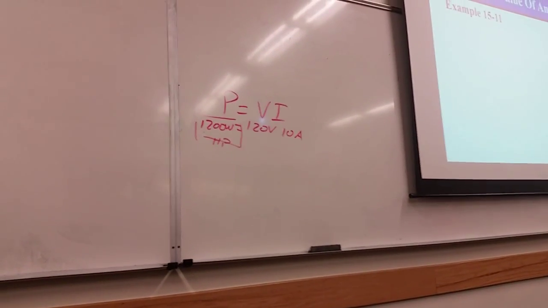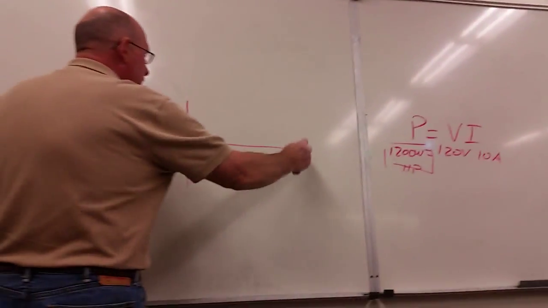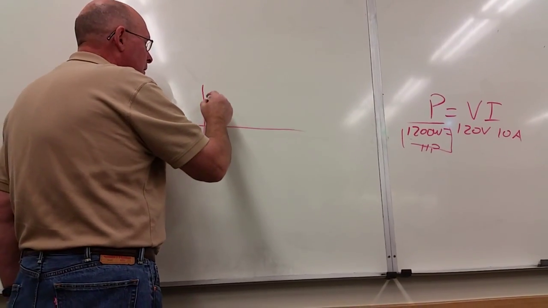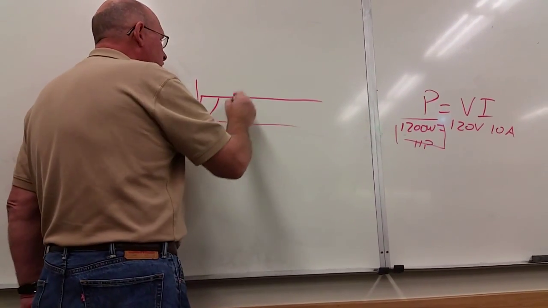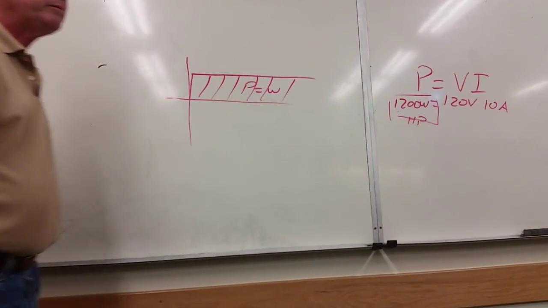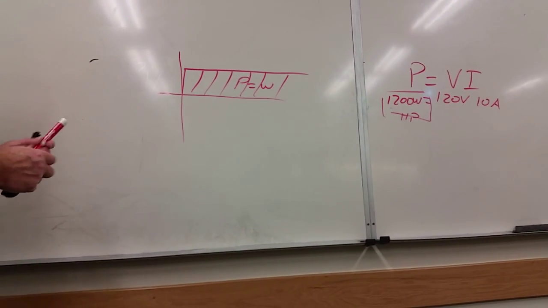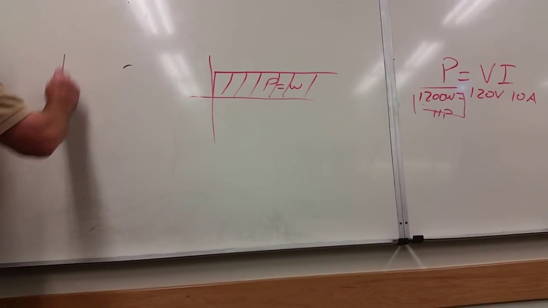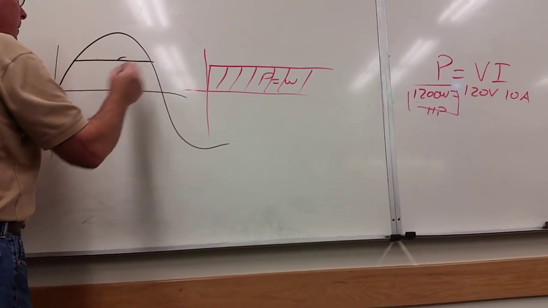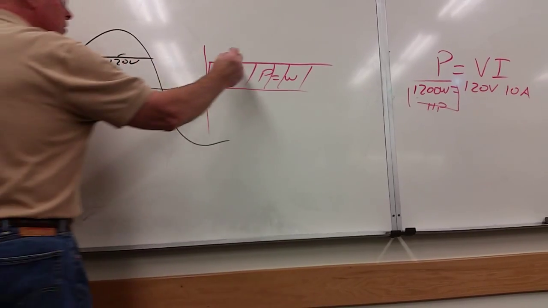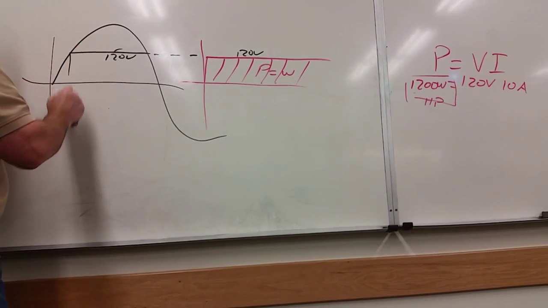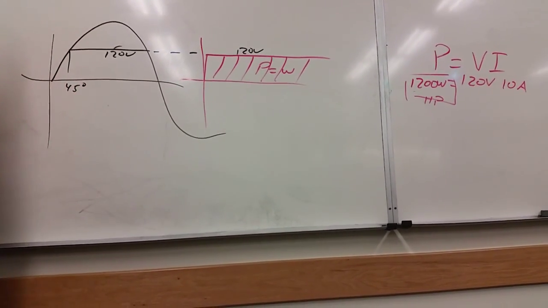Now remember, when we graph DC, it jumps up almost instantaneously, doesn't it? And then all of this area right here is our power, our watts being done, isn't it? If we do the same thing with the sine wave, and this is my 120 volts, then of course I have to have what? 45 degrees, don't I?